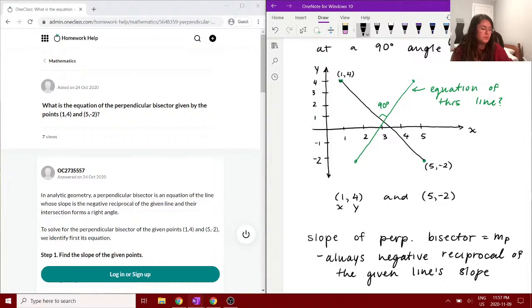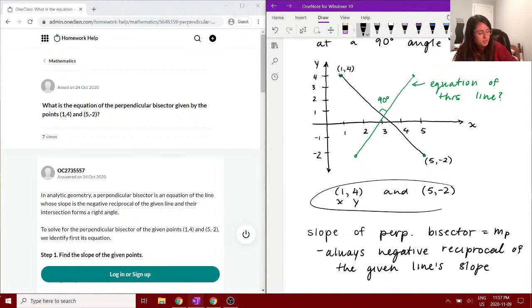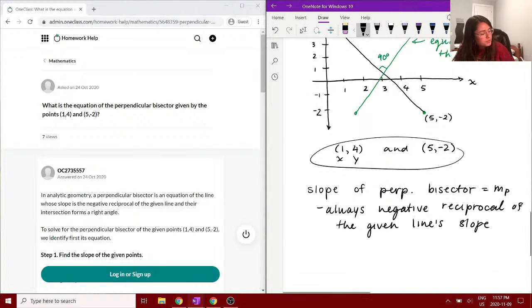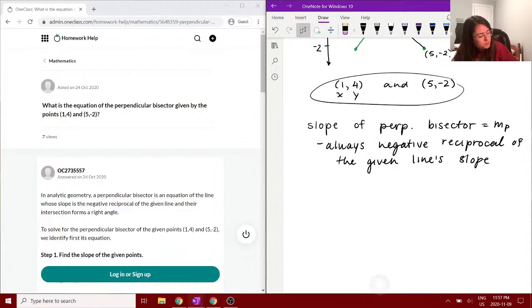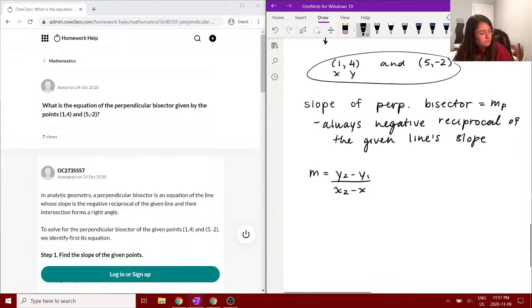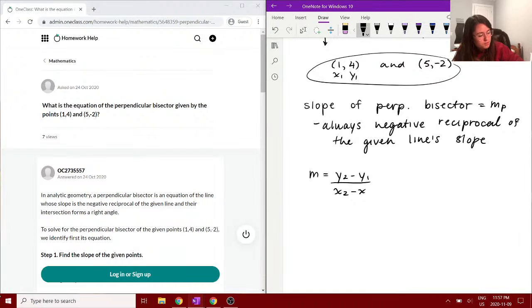Remember, we have the two points that are given here. Okay, so let's find the slope of the given line. Remember, the equation for slope is m is equal to y2 minus y1 over x2 minus x1. This is x1, y1, and this is x2, y2.